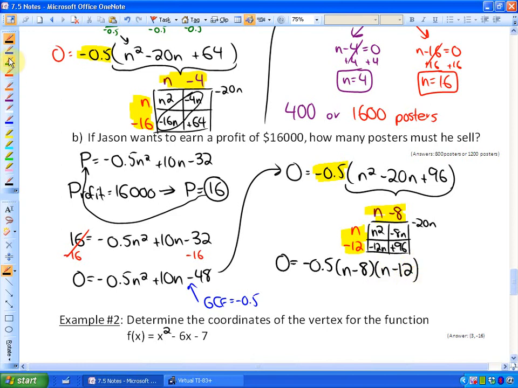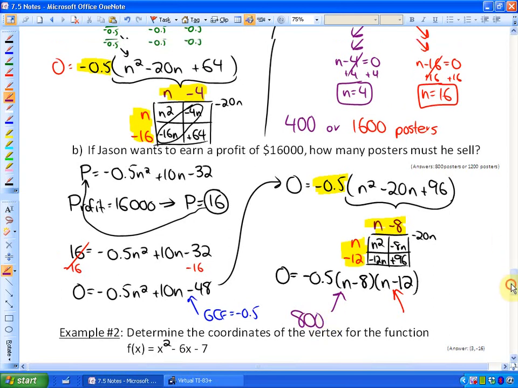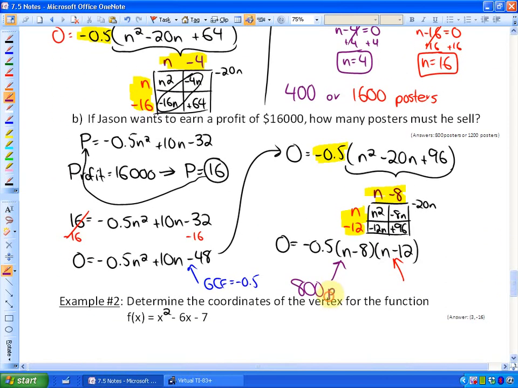Which would give you solutions. I'm going to make this a little bit quicker for you and skip a few steps, but this would give you solutions of either 800 posters, so that would represent a solution of 8, and n is in hundreds, or 1,200 posters.